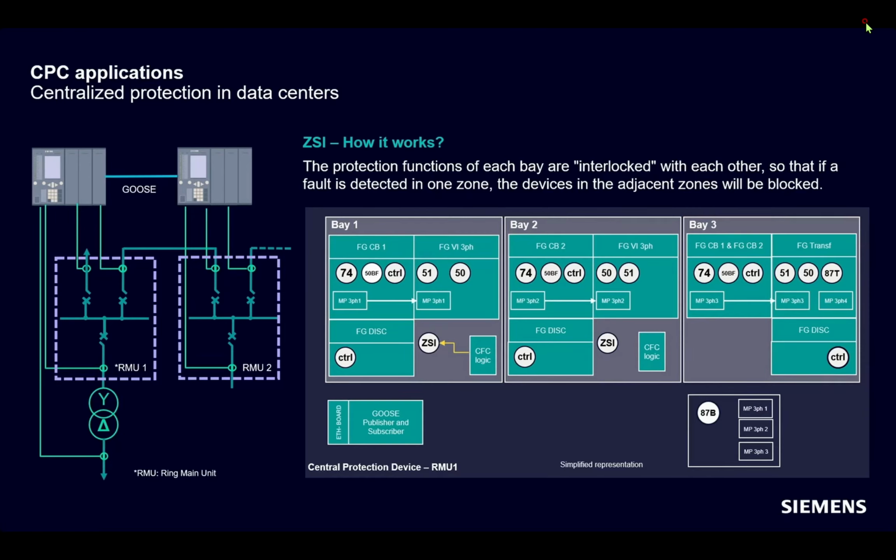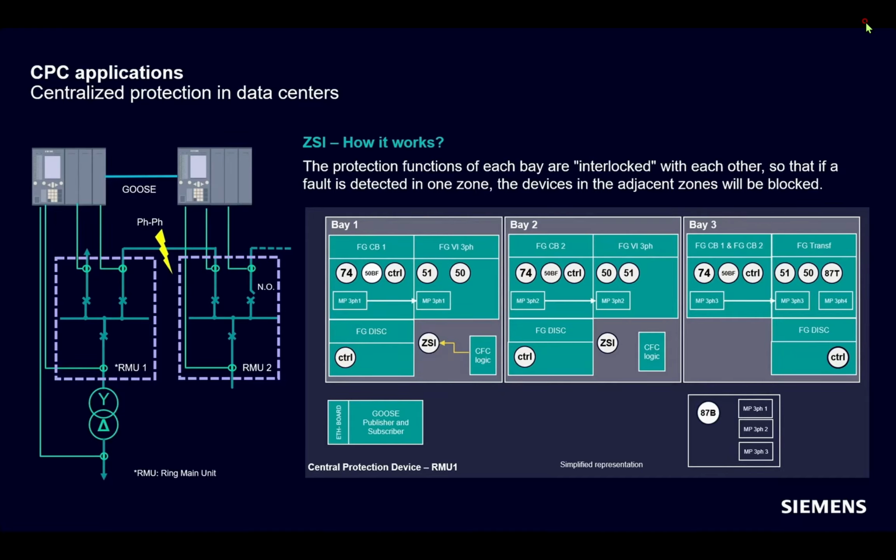Now the breakers are closed, but only one circuit breaker in the ring should be open. Okay, now we have a fault between the RMU1 and the RMU2. Without voltage and no extra consideration for overcurrent coordination between bay 1 and bay 2, how can we clear this fault via CPC by only opening the CB of bay 2?